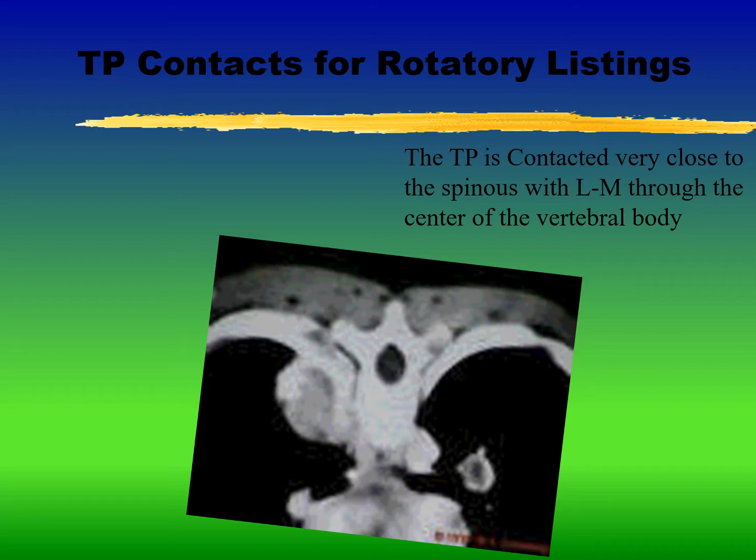Often in clinic, I'll see students push lateral to medial as their primary line of correction, but the primary line of correction is always P to A and I to S, and the lateral to medial is very limited, only enough to drive that segment through the vertebral body, as indicated by the orange arrow here. The orange dotted line is straight P to A from the spinous process through the vertebral body, and the orange solid arrow indicates the lateral to medial component of the adjustment, along with the P to A and I to S.